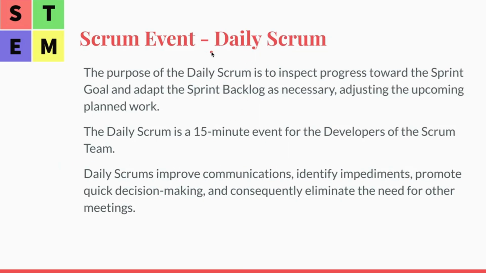And the next one, daily Scrum. The purpose of the daily Scrum is to inspect progress towards the sprint goal and adapt the sprint backlog as necessary, adjusting the upcoming planned work. Usually it's 15 minutes for the developers of the Scrum team, every morning.